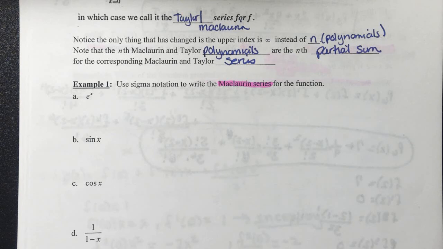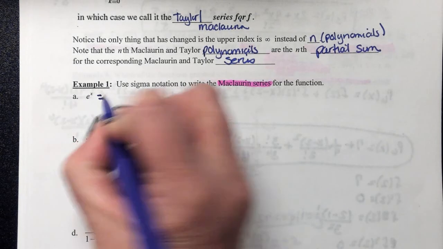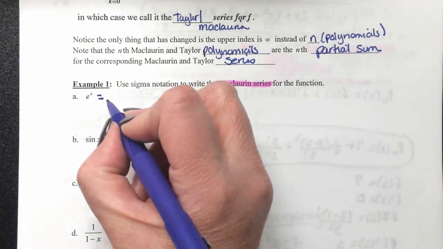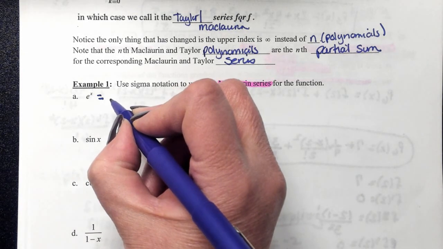So e to the x. When I want to write this in sigma notation, remember, to generate the general term you always still want to write out the first couple terms of the series so you can see the pattern. For e to the x, you can refer back to page 2 of your notes if you forget.